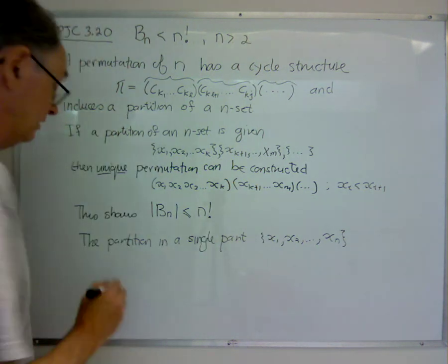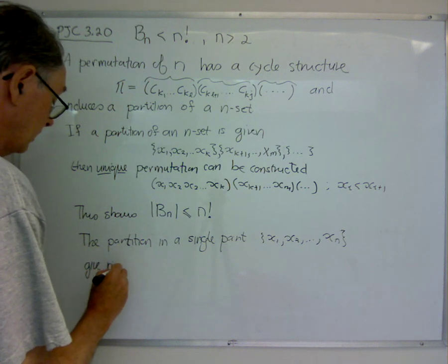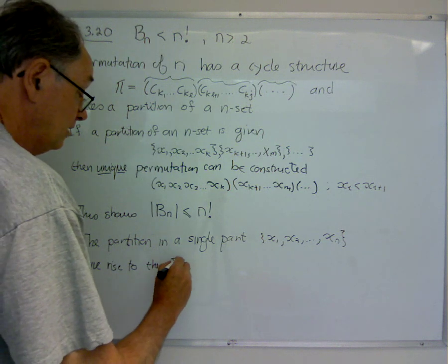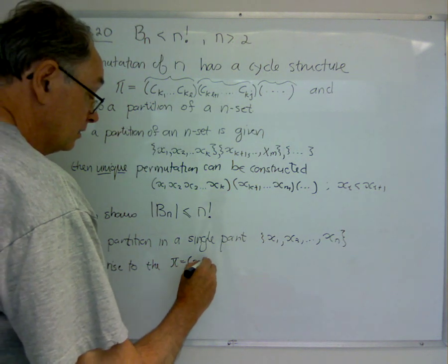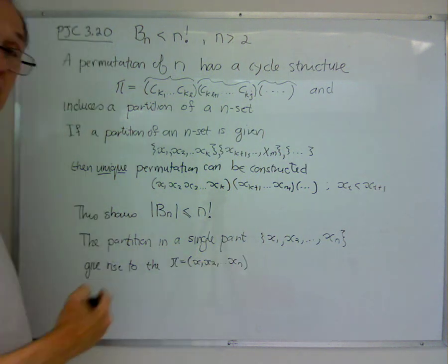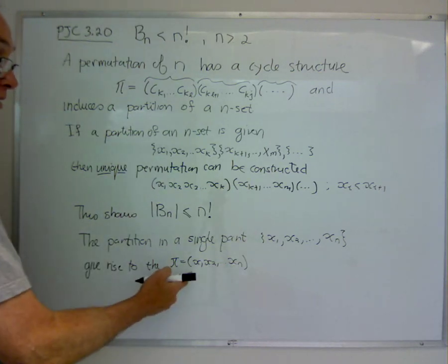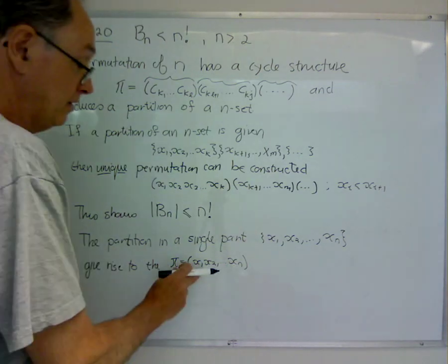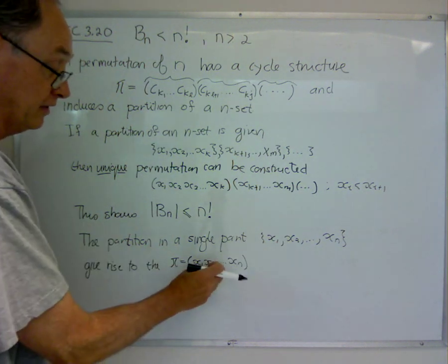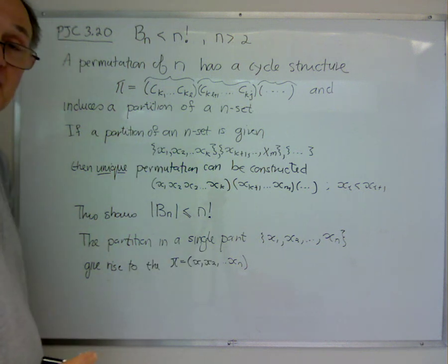So this gives rise to the permutation pi with a single cycle, right? One part, a single cycle, but every time you reorder these, you get a different single cycle.